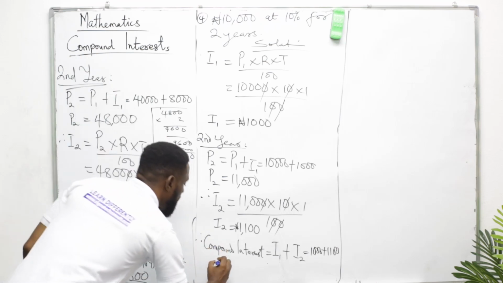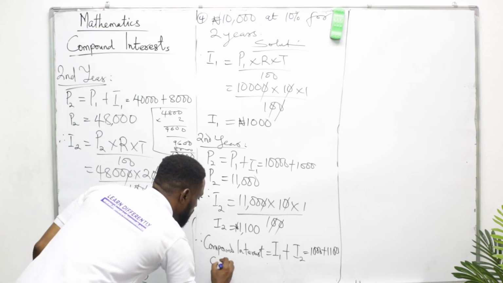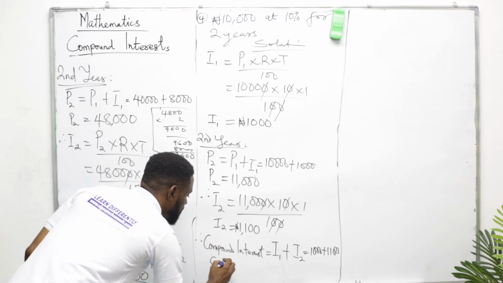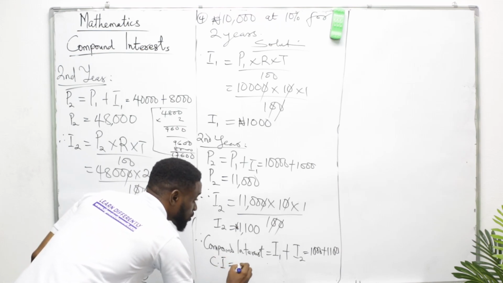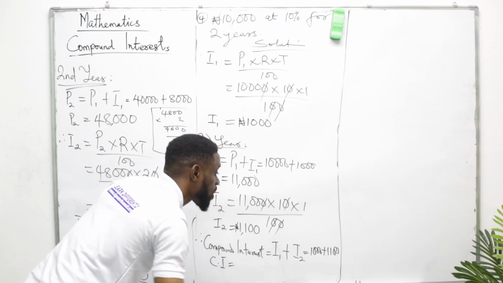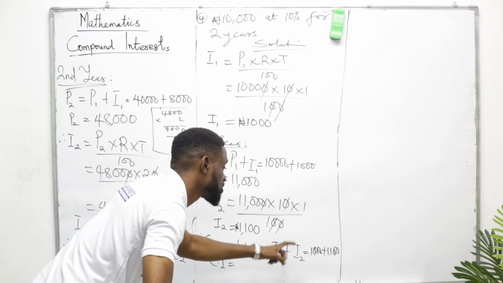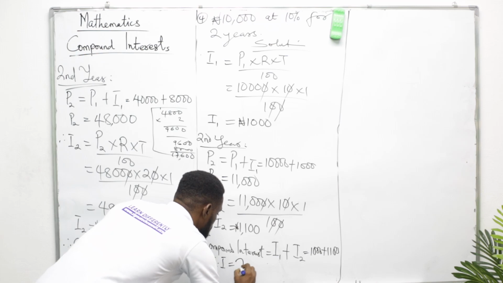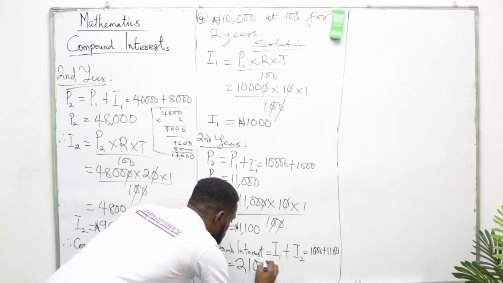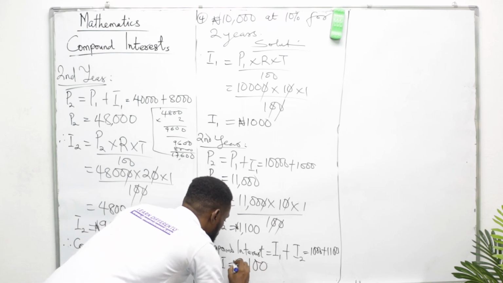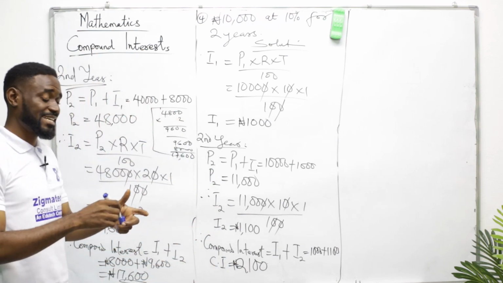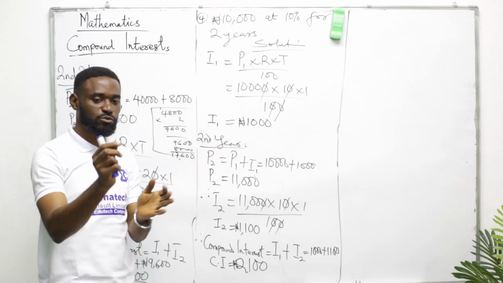It means that the compound interest is equal to 1,100 plus 1,000, that is 2,100 naira. So 2,100 naira is the compound interest for 2 years.